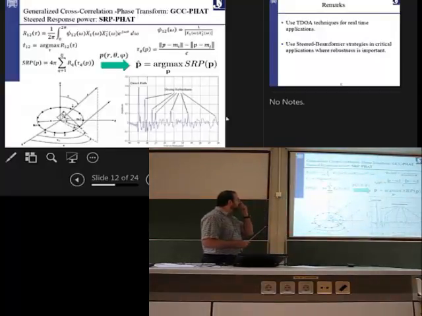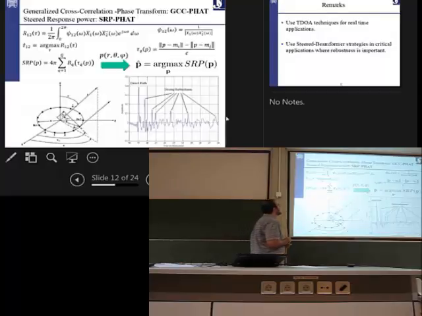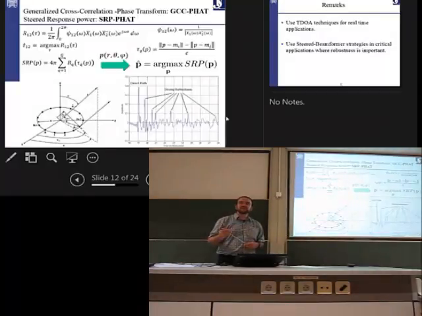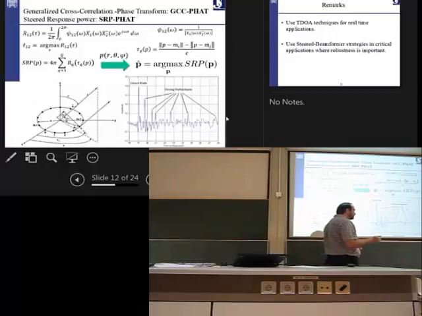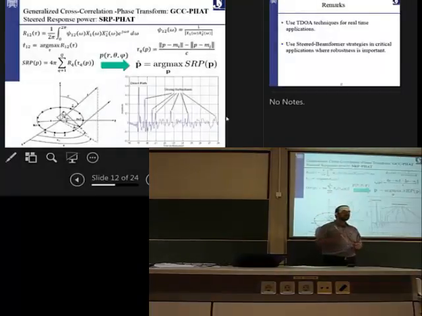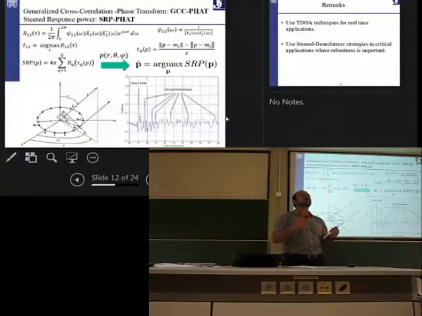So, let's talk about the GCC function. We already talked about autocorrelation and cross-correlation. What is autocorrelation? What is cross-correlation? Assume that the signal coming to one microphone and the signal coming to the second microphone are different.